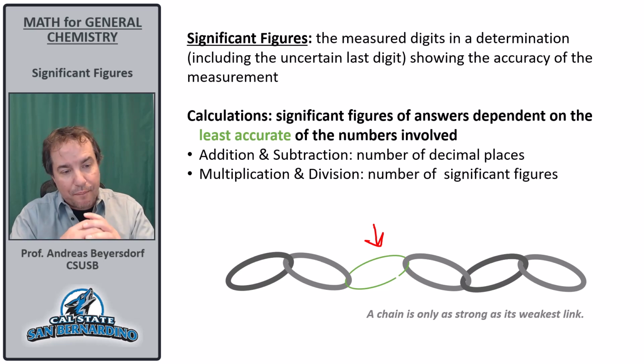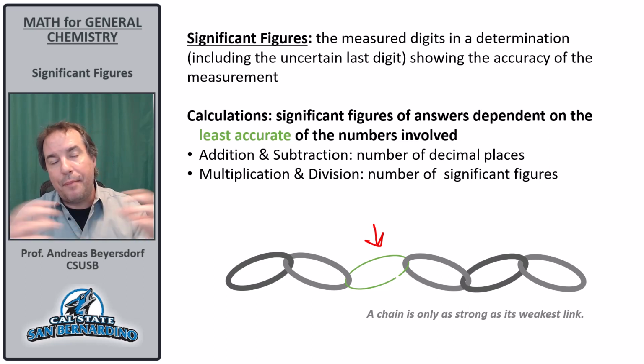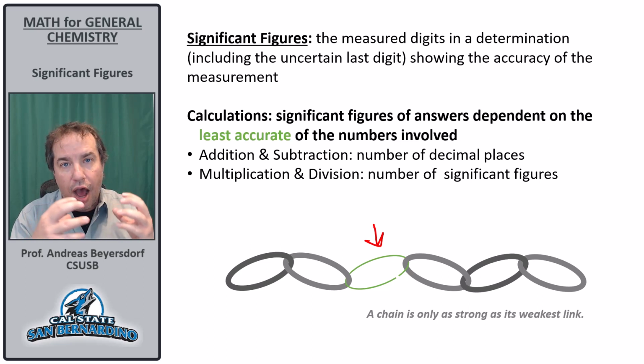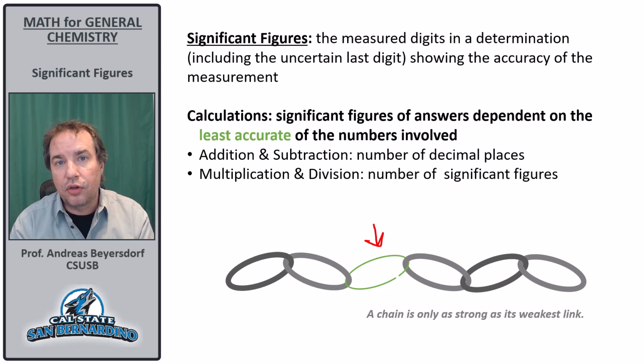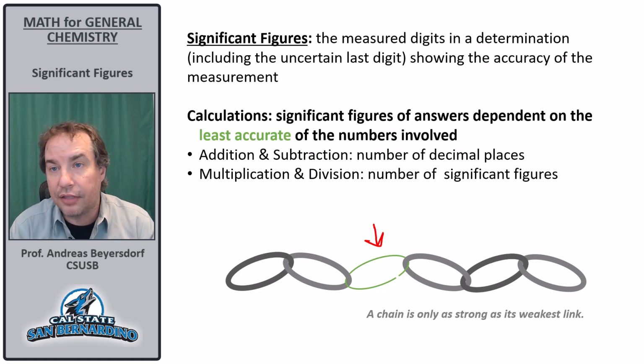So if you have a bunch of measurements that you're going to use for your final answer, and a lot of those have a lot of significant figures, a lot of accuracy, but one doesn't, that one number is going to determine the accuracy of your final answer.